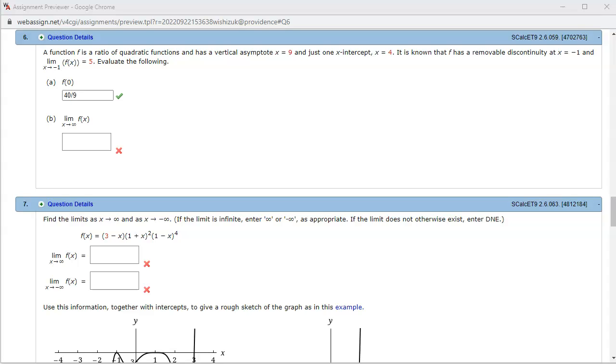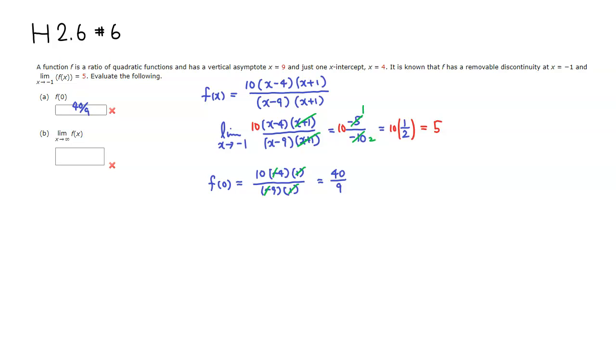Let's do part B. We want to take the limit as x approaches positive infinity, and we can easily do that. So you have the limit as x approaches positive infinity of 10 times x minus 4 times x plus 1, over x minus 9 and then x plus 1.